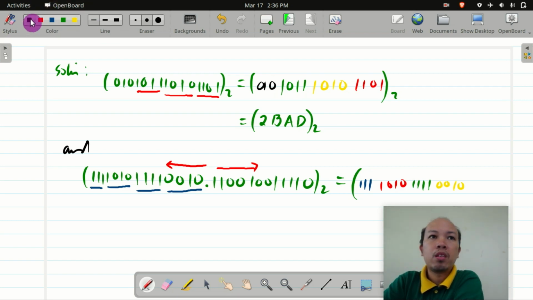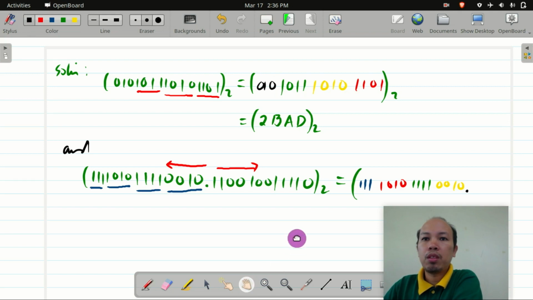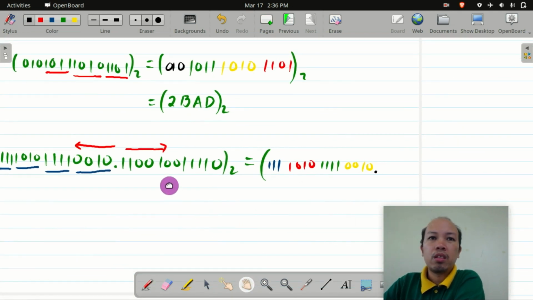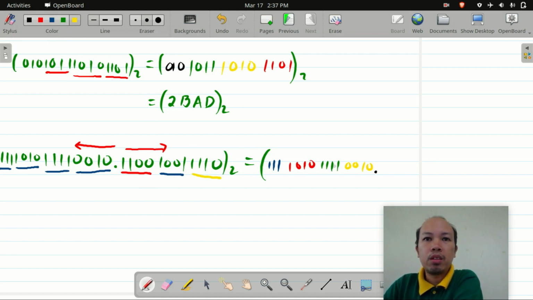Point. Let's move it somewhere here. Okay, so we will group it this way. This one here, then this one, and then finally we have this yellow. Okay, it's a perfect number. We can group it into 4.